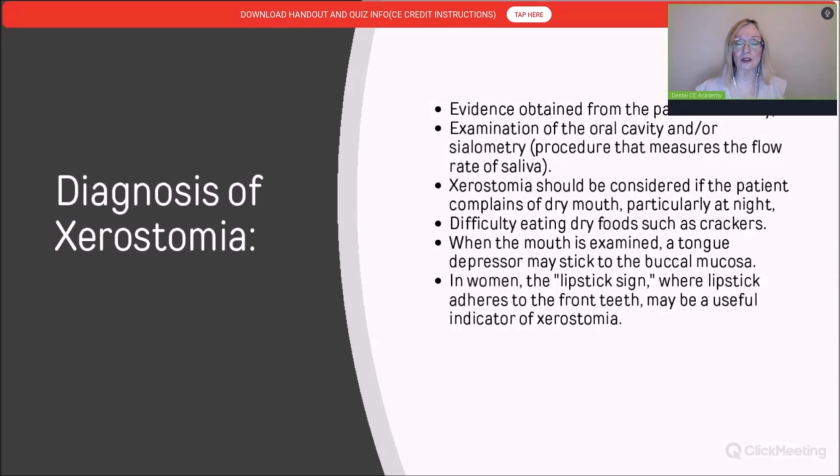So diagnosis of xerostomia: review the patient's health history, examine the oral cavity. We should consider xerostomia if the patient tells us they're experiencing dry mouth, or it may be too late and they're already developing cervical decay.